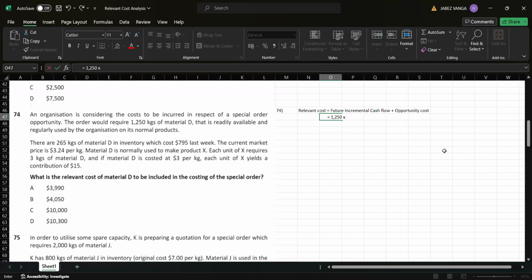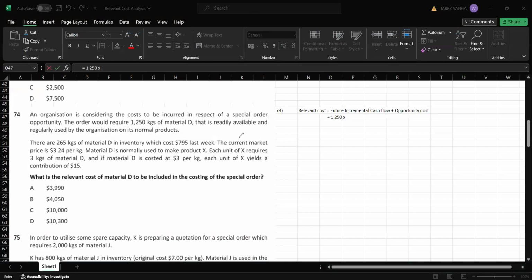Each unit of X requires 3 kgs of material D, and material D is costed at $3 per kg. So that has to be purchased at a cost of $3.